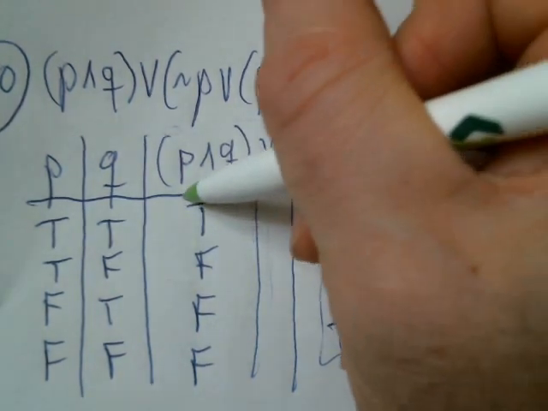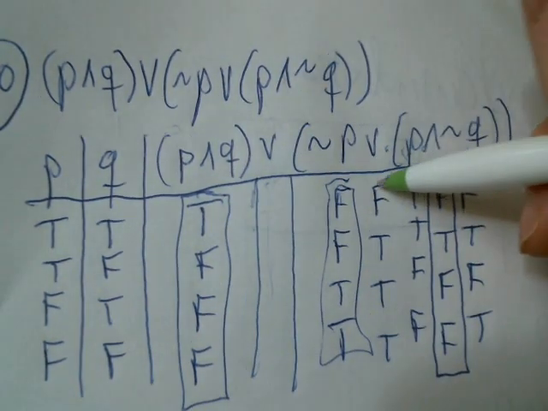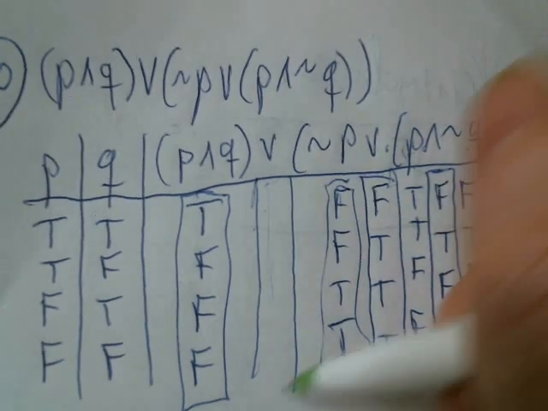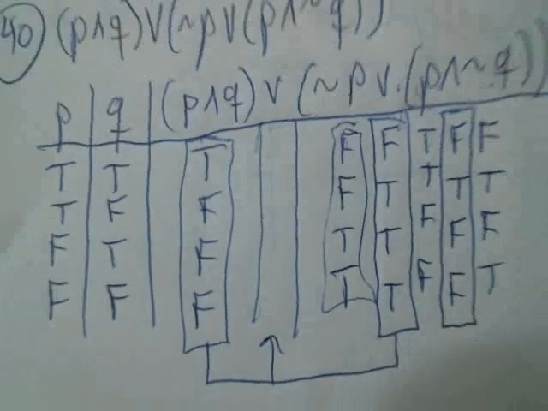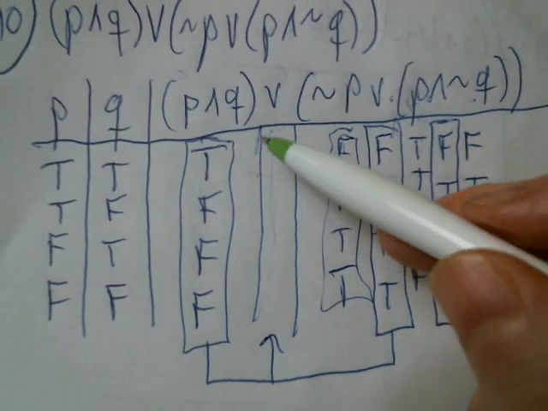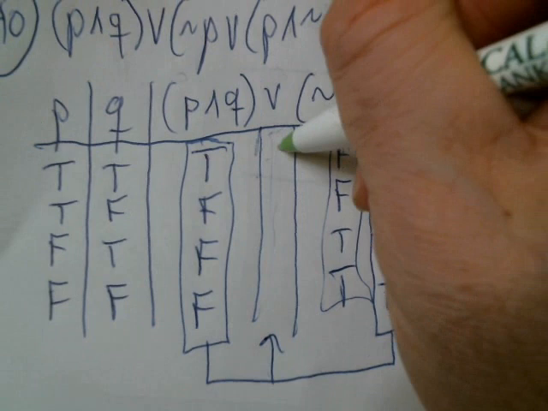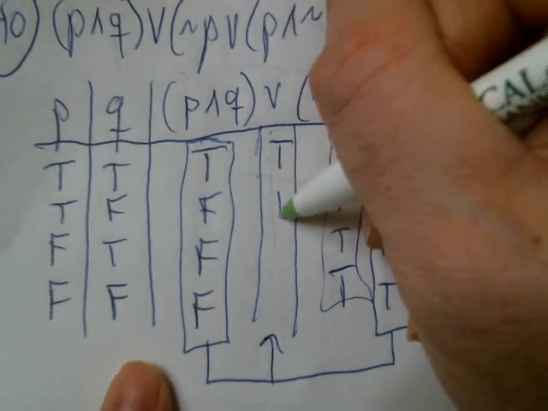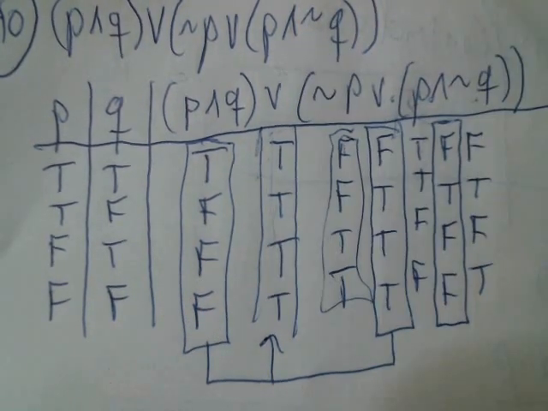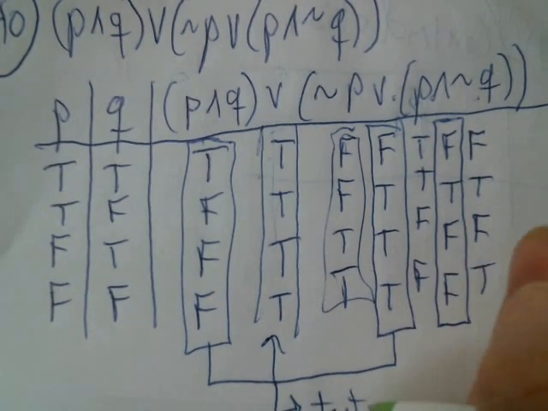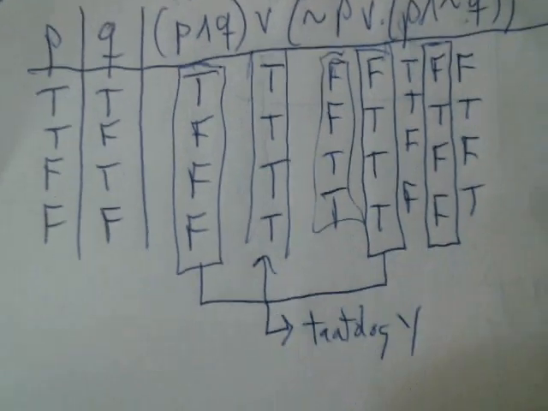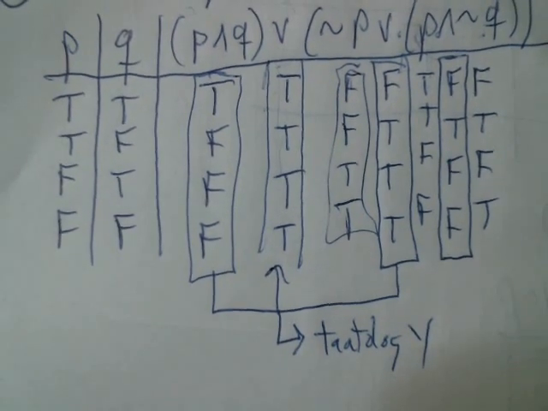Then I'm comparing this and this, and that goes right there. You're comparing with a disjunction, so this will be true, this is true, this is true, and this is true. They're all true, so therefore it's a tautology.